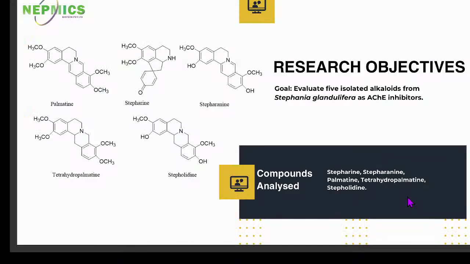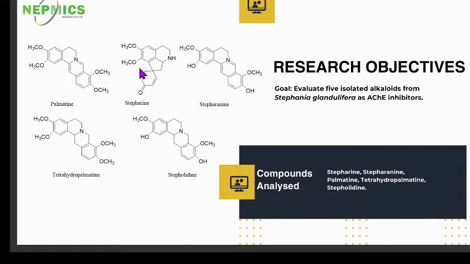So let's move ahead. There are actually five different alkaloids isolated from this species, and these alkaloids fall under different groups. For example, stepharin has a different structure from the other four molecules.